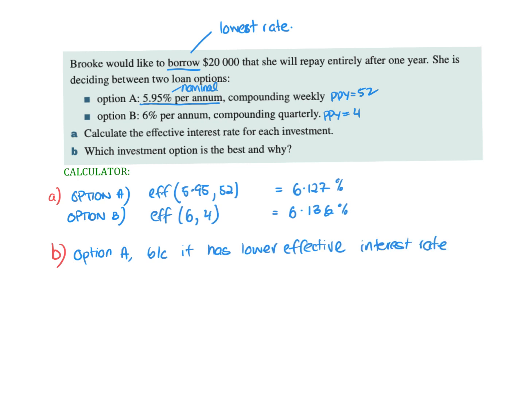It has the lowest effective interest rate of, you can write it if you like, 6.127%, which means she'll pay back less money. And that's what she wants.